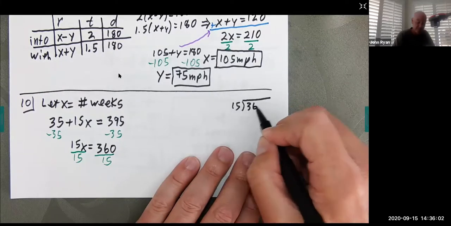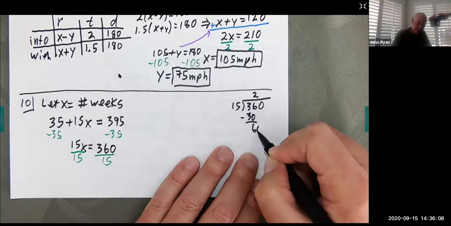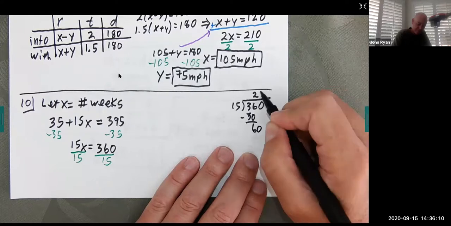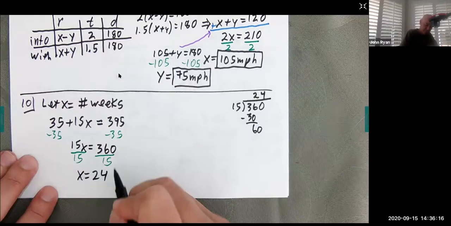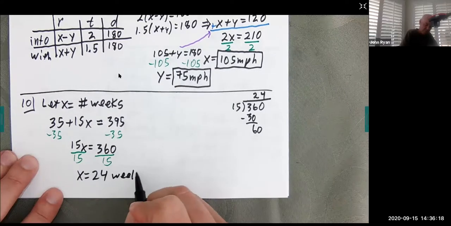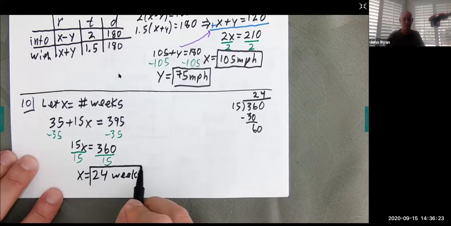If you're allowed to use a calculator, obviously that's going to be a better option. And how long will it take Scott till he can get his bike? 24 weeks.